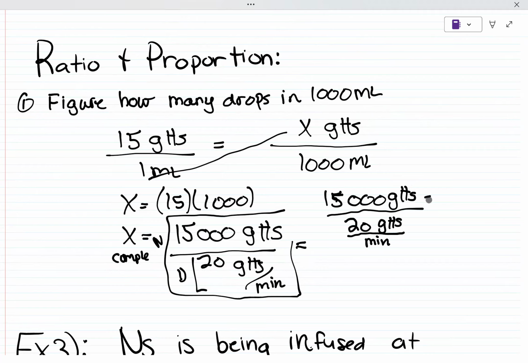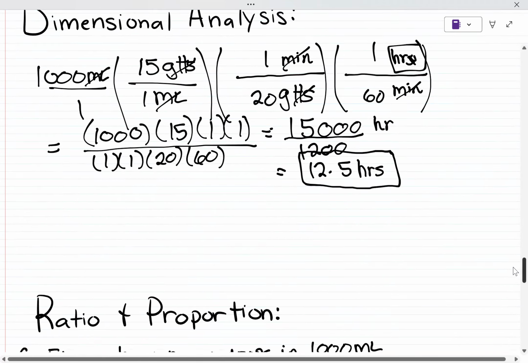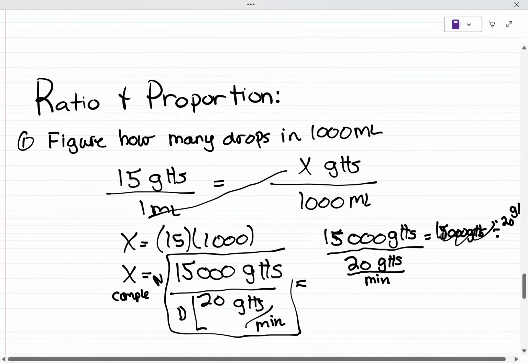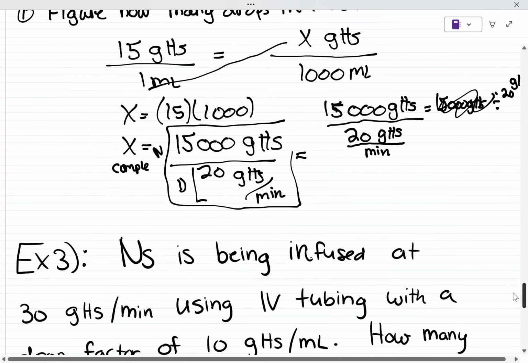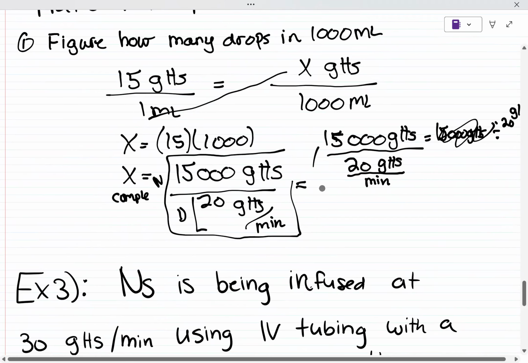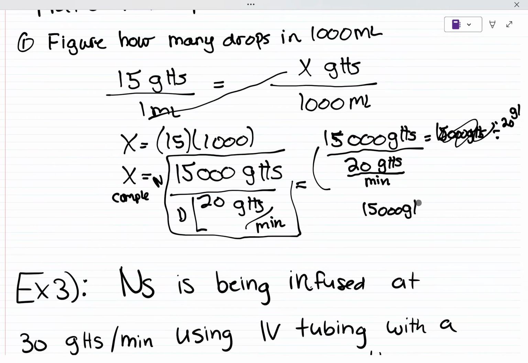Now you have a complex fraction. Sorry, I'm running out of space, let me write it down here. So it's going to be 15,000 drops divided by, see this horizontal line, it's a divide, 20 drops per minute.